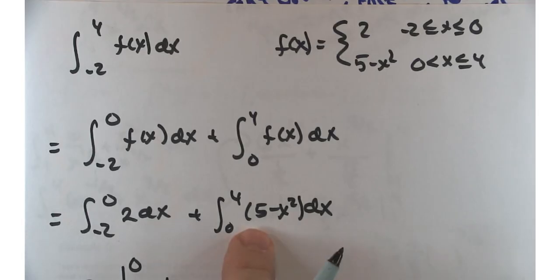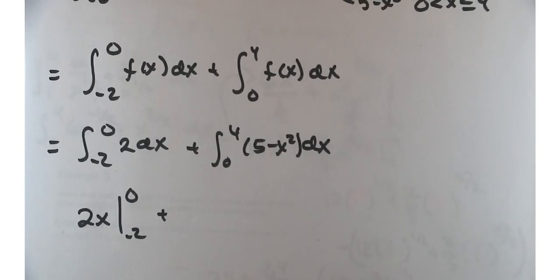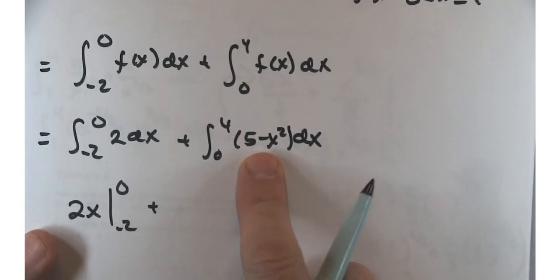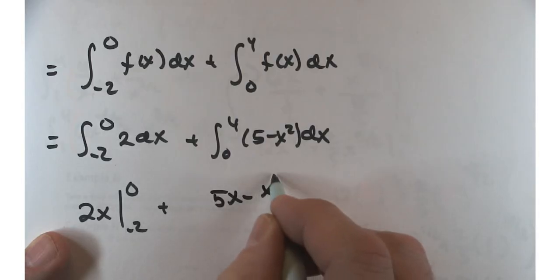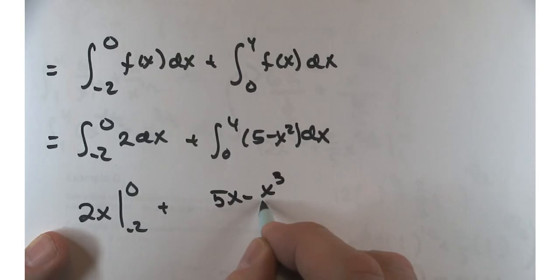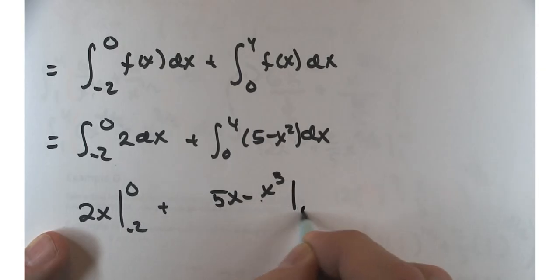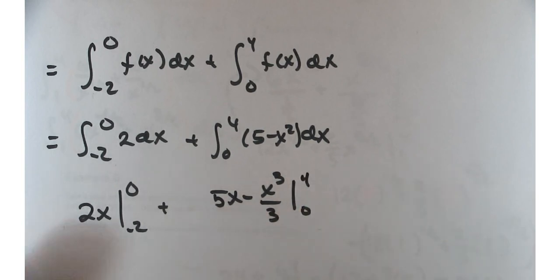How about the antiderivative for the second integral? Rahana? What would be the antiderivative of 5 minus x squared? 5x minus x cubed over 3. Nice. 5x minus x cubed over 3 between 0 and 4.